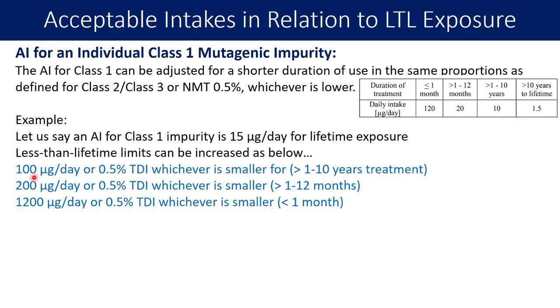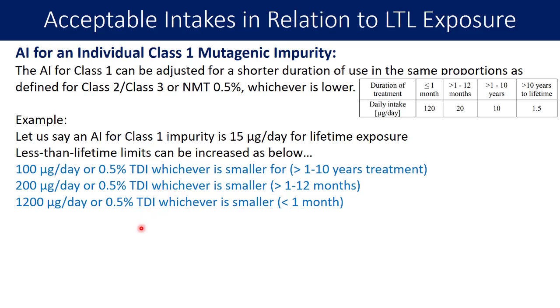And there is again one more term included, which is 0.5%, whichever is smaller. 100 micrograms per day or 0.5% of the total daily intake, whichever is smaller, for 1 to 10 years of treatment. In case it is 1 to 12 months, it is going to become 200 micrograms per day or 0.5% total daily intake, whichever is smaller.